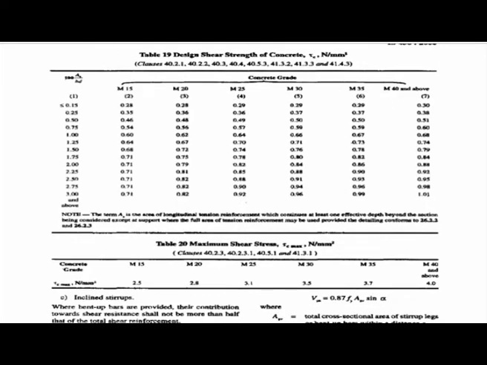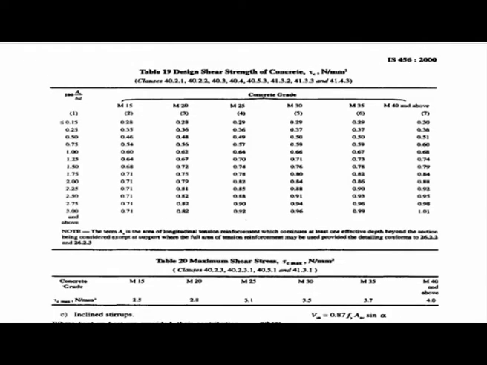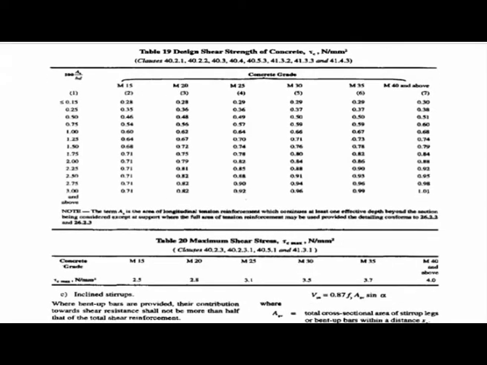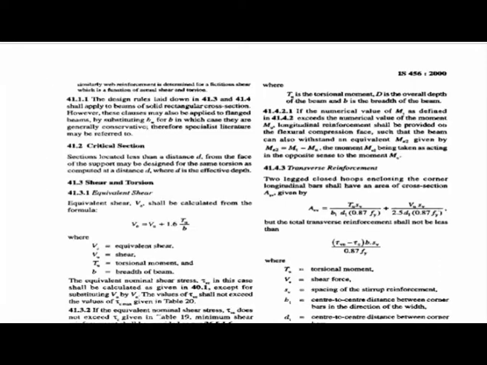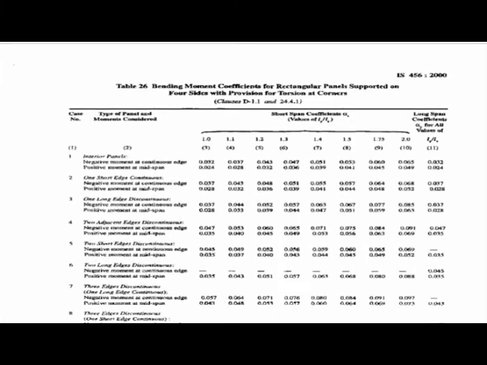This is available here, because I thought I should show you where it is available in IS 456. That should be known to you also, because these are the tables we use extensively. Table 12 we have already discussed, Table 13 we have told, and Table 19. Now, one more table we shall use, for design of slab, two-way slab: this is Table 26.